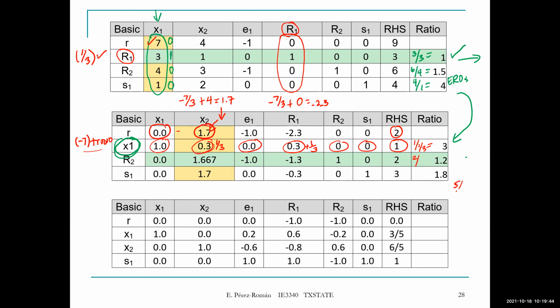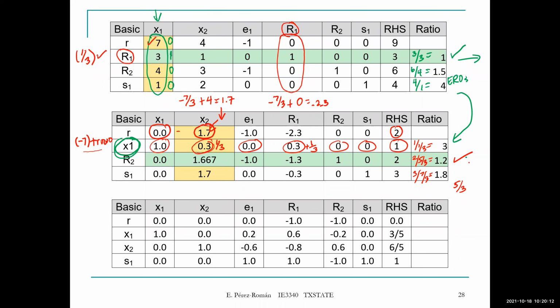So yes, this is 5/3. So that's 1.2, and this is 3 over 7/3, which equals 1.8. So the minimum is this one.